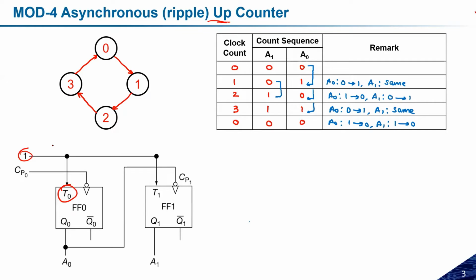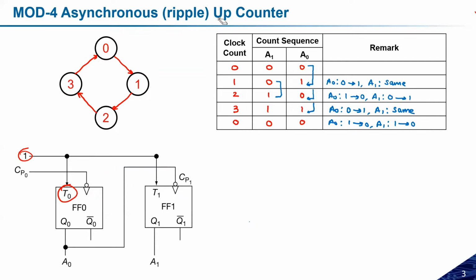Second thing, if your objective is the asynchronous one, then the output of the first stage should be connected to the clock of the second one. So this is the second thing that you need to consider, to make it asynchronous. And to make it synchronous, all the clocks will be connected to the same input.